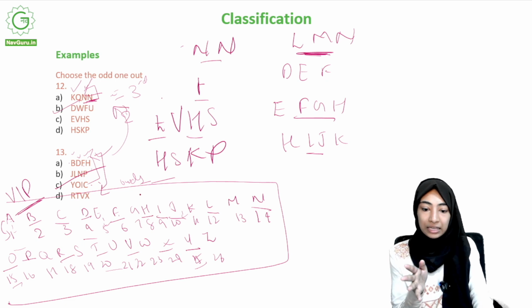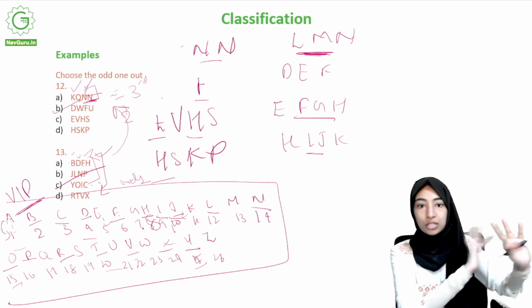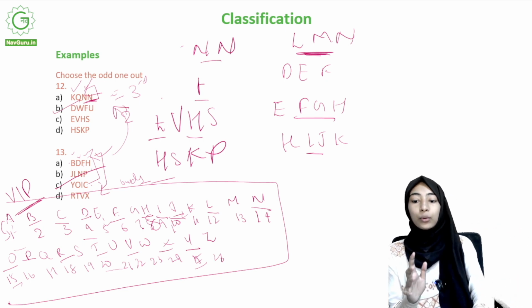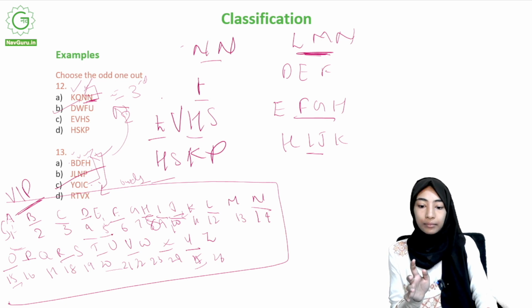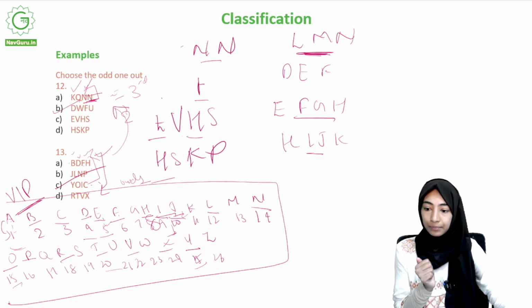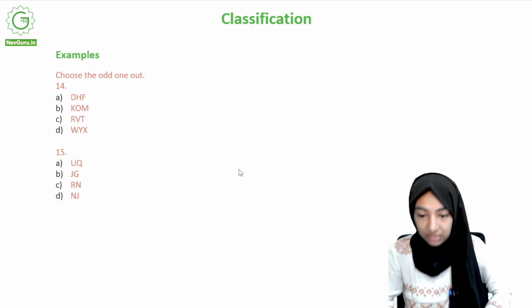For example, if you know that J is 10, finding H as 8 is very easy, because H is just two places before J. So if you can learn a couple of positions, it will be much easier for you for the final exam. Moving on to the last set of questions under classification.